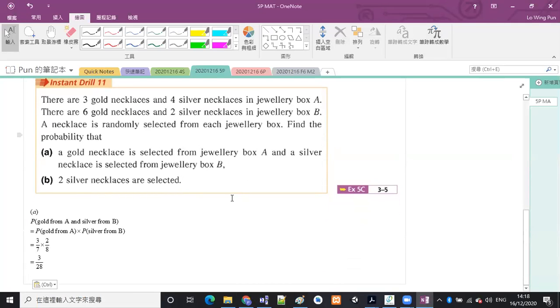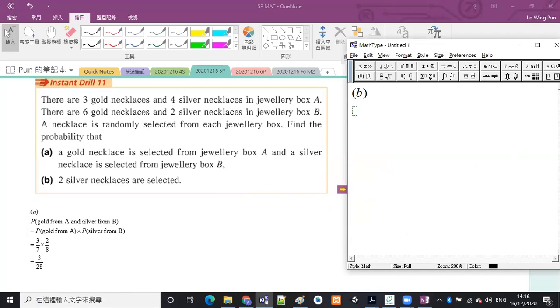This is part A. And then part B. Now I want to find the probability that 2 silver necklaces are selected.